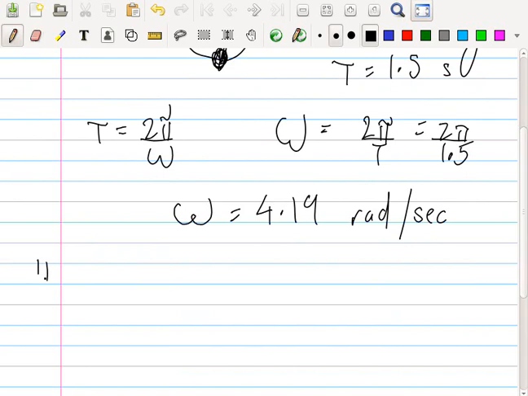Now part 2, also straightforward, the velocity. So he wants the v, which we could find since we have omega and we have r.